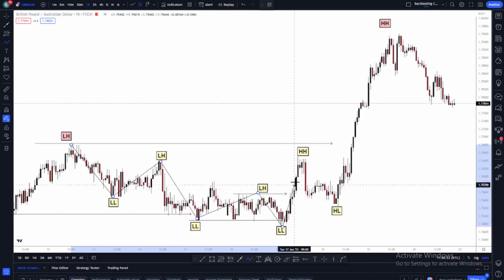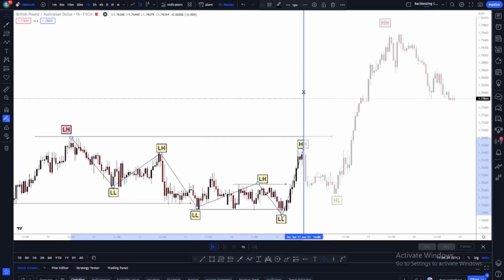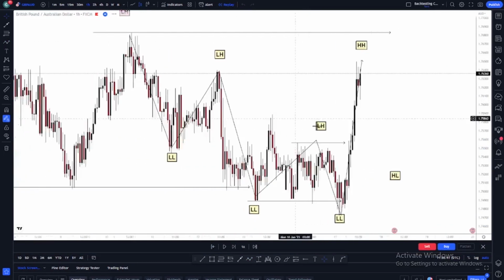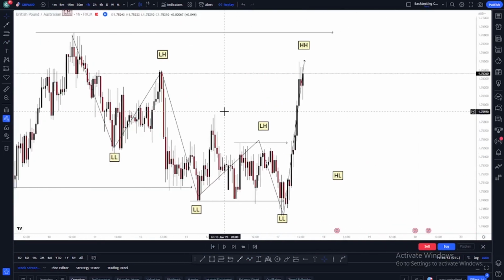Price rallied back up, broke its previous lower high, and created a new higher high. After this new higher high was created, what was I waiting for? Let me use our replay so it becomes more practical.